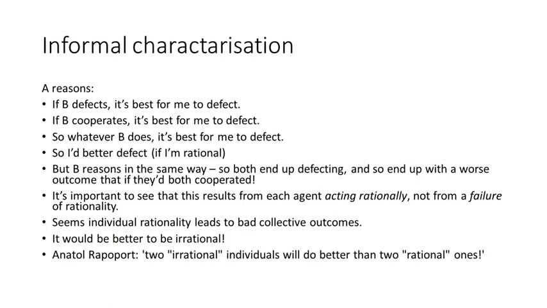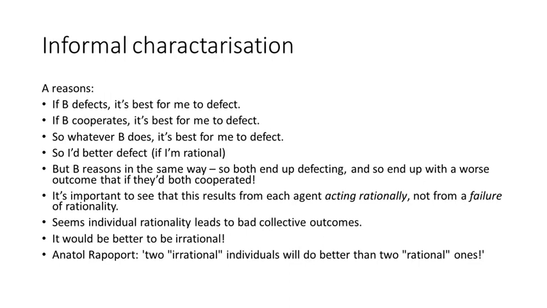Anne cooperates, Peter defects, 10 years in prison for Anne. Peter set free. Okay. And we've encountered similar matrices in terms of strategies and their possible outcomes in game theory before. Now I'll give an informal characterization of why this is a dilemma.